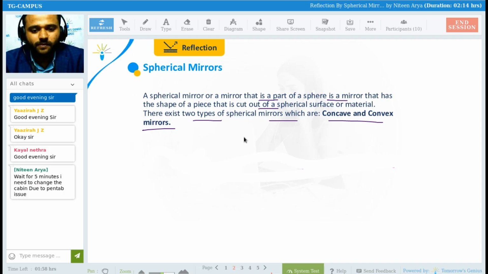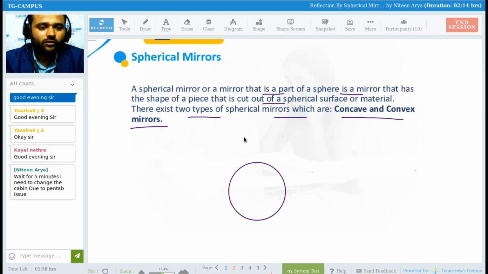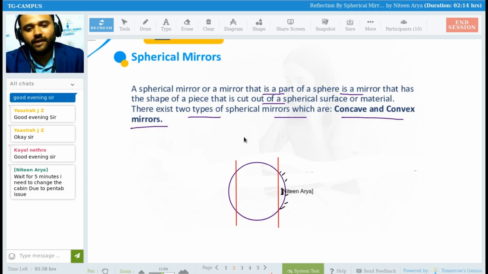If you forget, how do you remember? Simple, there is a sphere. If you cut that particular sphere in this way, the main important thing is where you're going to apply a silver paint or color. If you apply it on the outward part here, the first kind of mirror behaves as a concave mirror.